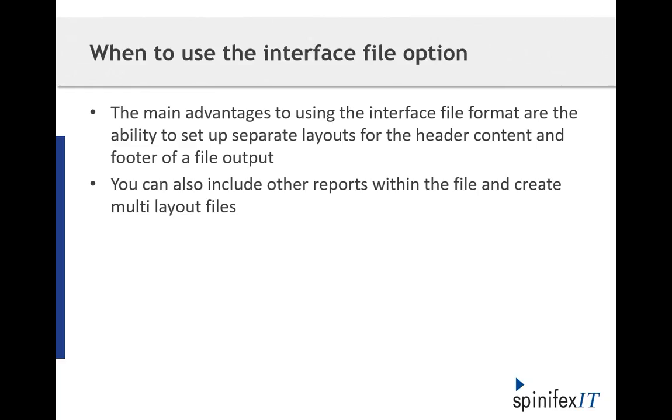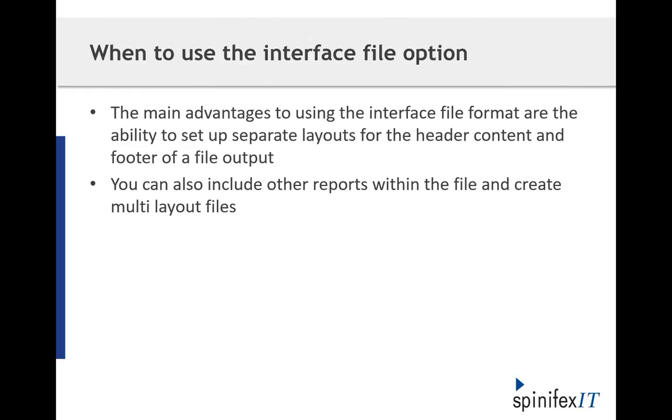Where a standard file format outputs the same column order, the same hidden or shown columns, the same column headings as your report itself, the interface file allows you to control those things separately. It allows you to set up a header that may be a different layout from the footer, as well as having different content.